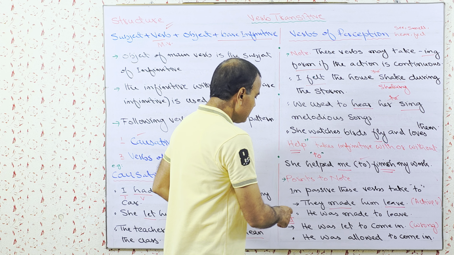Like, they made him, and he was made to leave. Focus on to. If I'm not putting to here, again I'm making a grammatical mistake. So in passive voice, with these verbs, we have to retain the to of the infinitive instead of removing it.